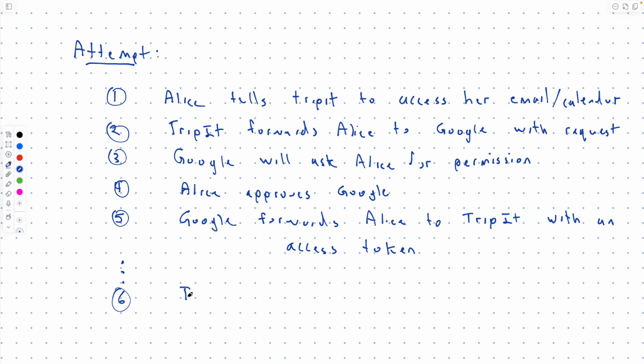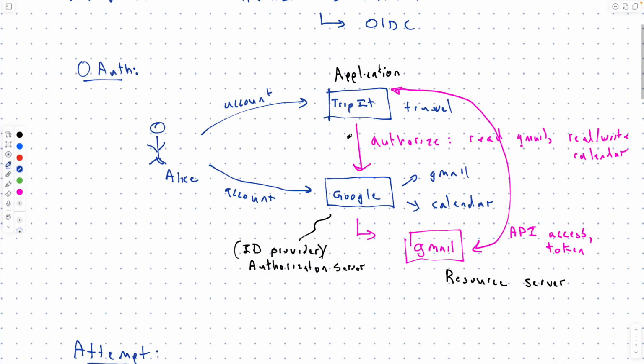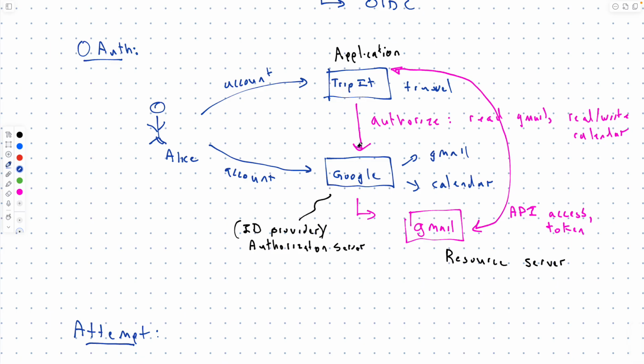And then TripIt will use the token with Gmail and Google Calendar. After Alice goes offline, TripIt will just every hour or every day ping Gmail and say, is there any new email?